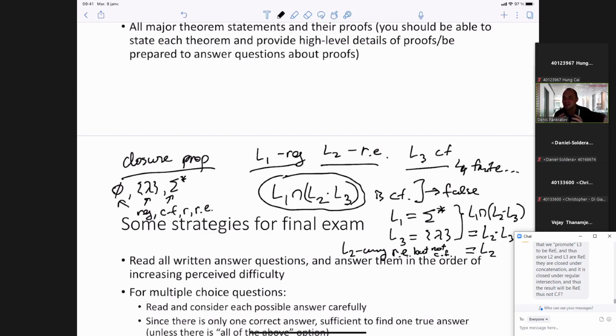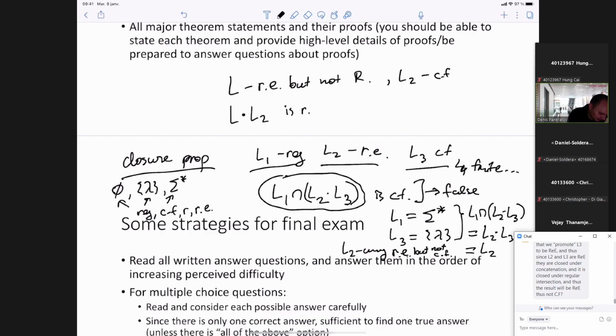Sometimes you can concatenate a complicated language with another language and destroy the complication. So for example, if L is recursively enumerable but not recursive, and you want to see if L concatenated with L2 is recursively enumerable but not recursive, that's not the case.